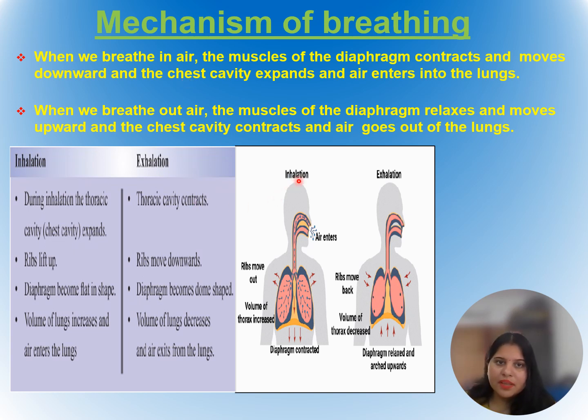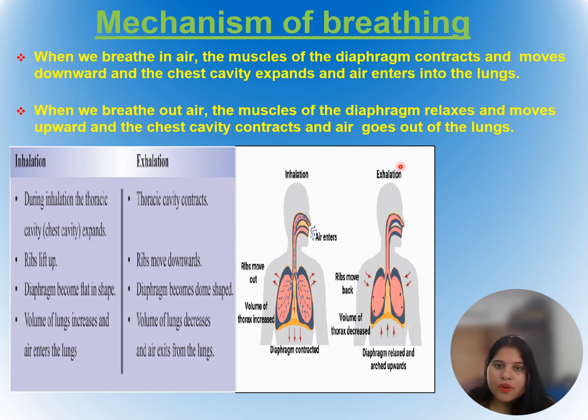The muscles of the diaphragm contract during inhalation, and the ribs move up, and the diaphragm moves downward, means it becomes flat. By doing this, this cavity, this volume increases, so the chest cavity expands and air enters into the lungs. Why does it expand? So that more amount of air can enter in the lungs.